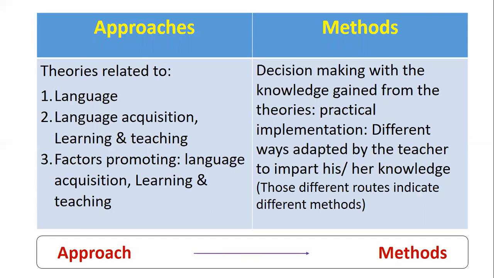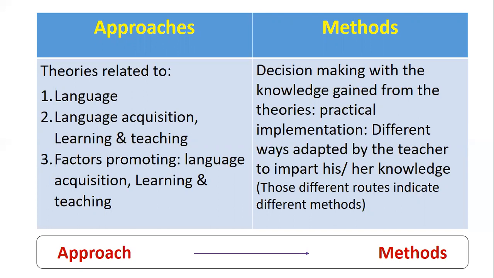We can understand what methods are and how we select methods. We can recall the information that we have studied on the approach. Approaches are theories related to language acquisition, learning and teaching. Also factors promoting language acquisition, learning and teaching.